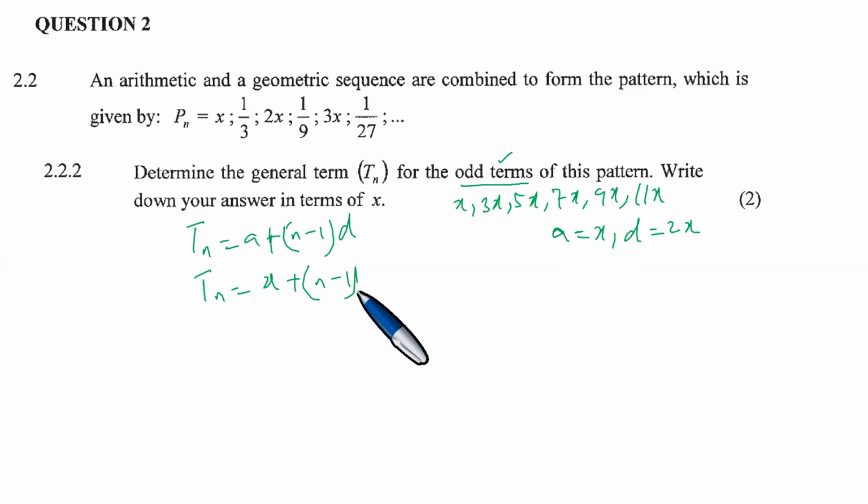Right, the common difference between the odd ones. General term for the odd terms of this pattern, you write down your answer in terms of x.